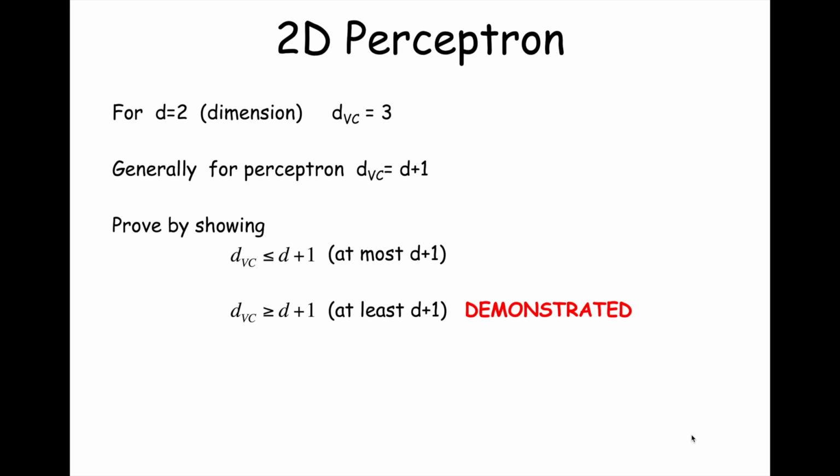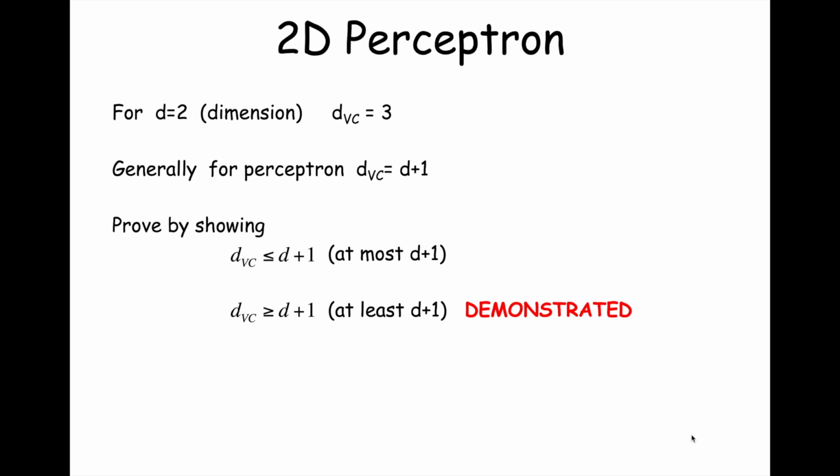Does that make sense? I didn't set any restriction on the feature values. I took an example where the number of data points is one more than the dimensionality, and I showed that I can find a W that generates any +1, -1 labeling. Okay, so it's at least d plus 1, where d is the dimensionality.